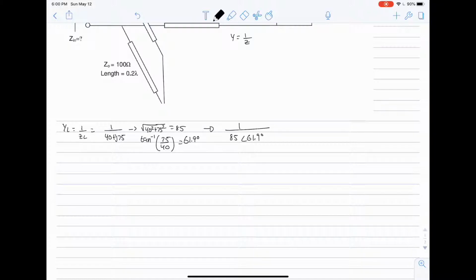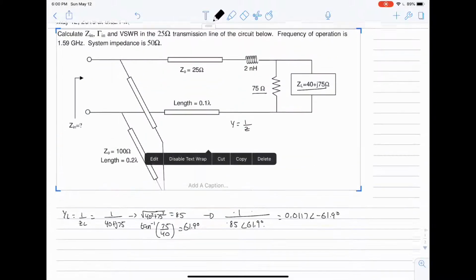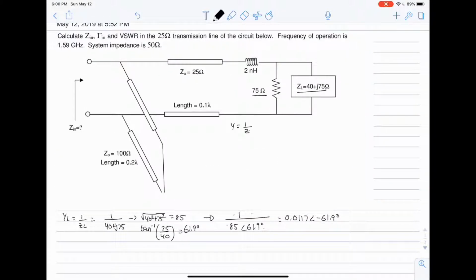So now when we divide, we're going to be dividing the magnitudes and subtracting the degrees. So 1 over 85 equals 0.0117, and 0 minus 61.9 degrees is negative 61.9 degrees. And we have to convert it back into complex form in order to add it with this impedance.